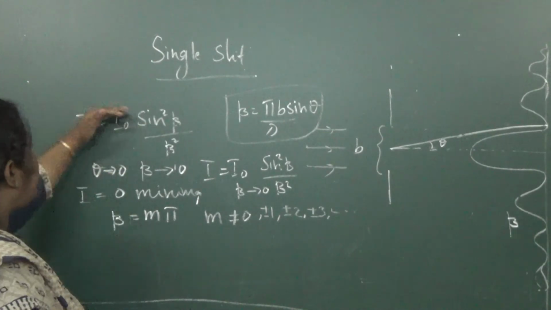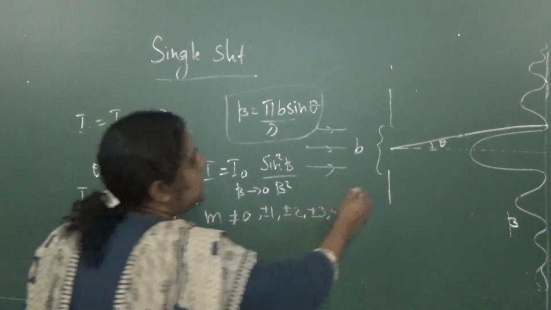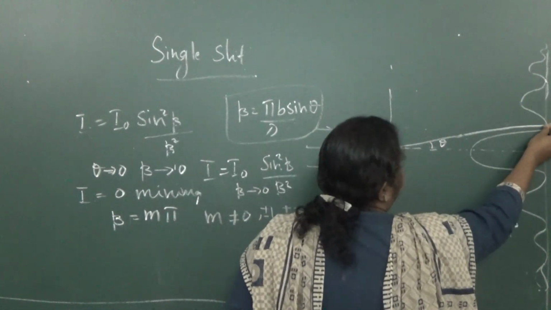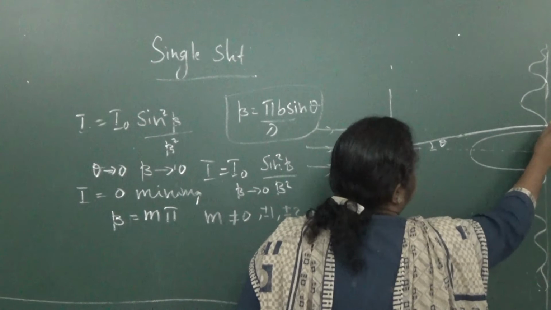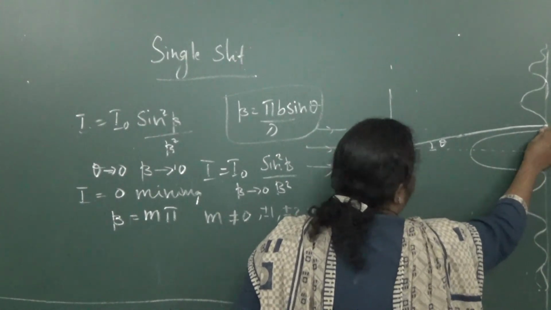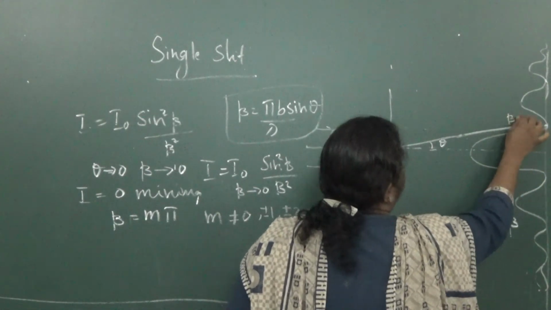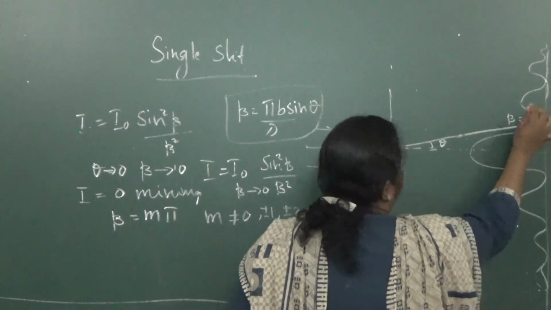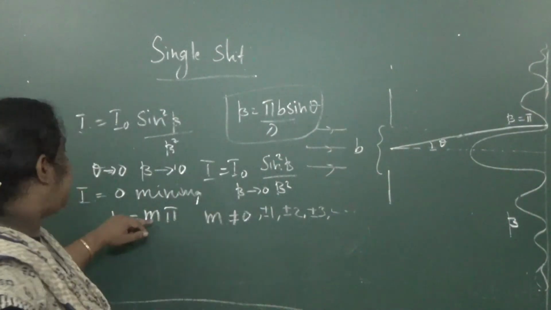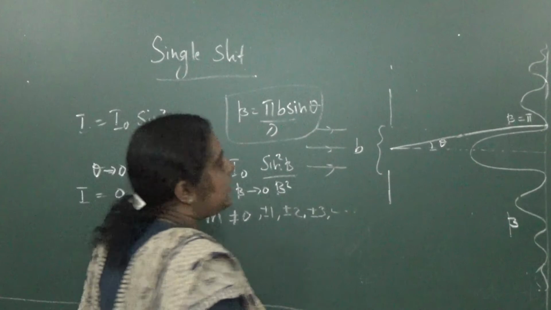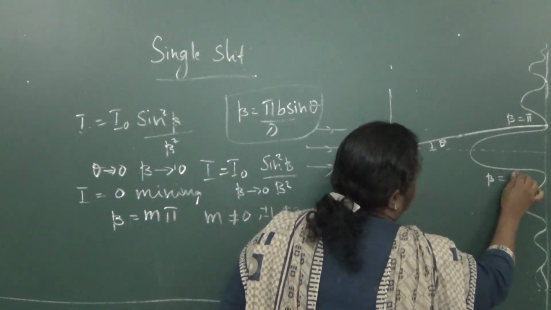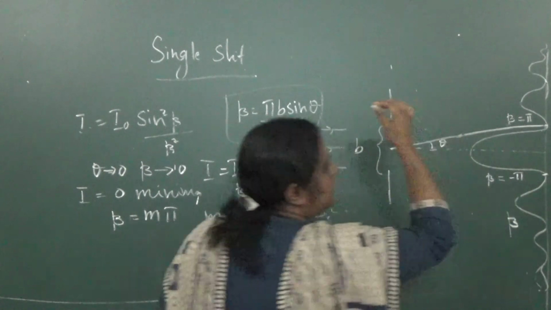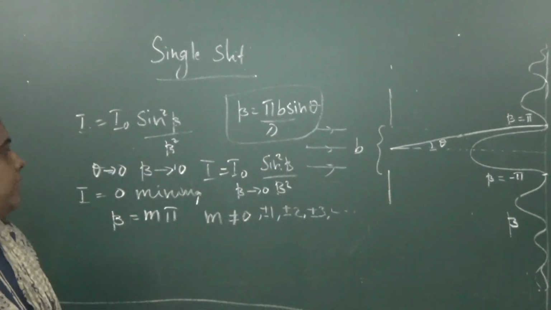So this is the point where it is minimum. For the first minimum, m is equal to 1, so beta is equal to pi. Then for m equal to minus 1, beta is minus pi, which is the symmetric point in the lower region.